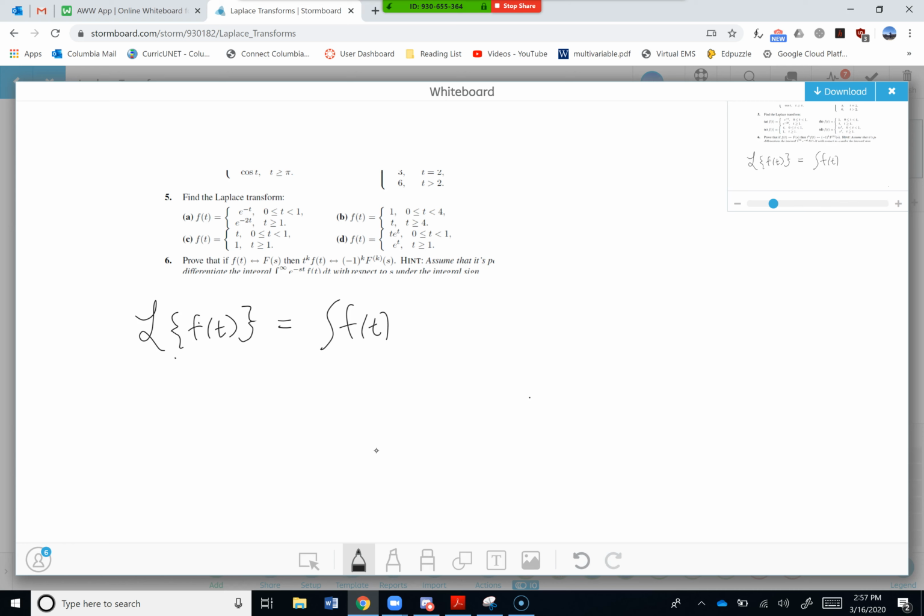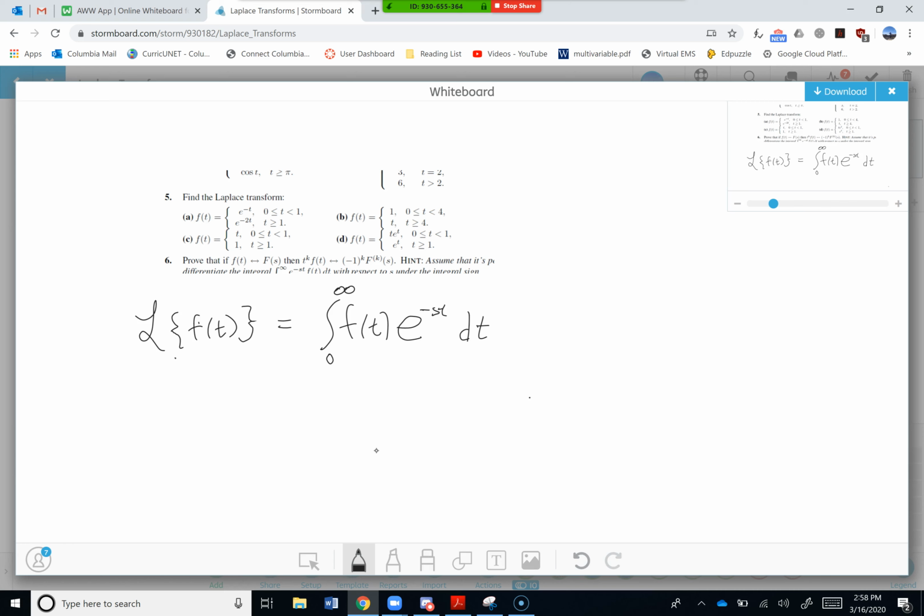F of t e to the negative st dt, right? And what are the bounds on that integral? 0 to infinity.